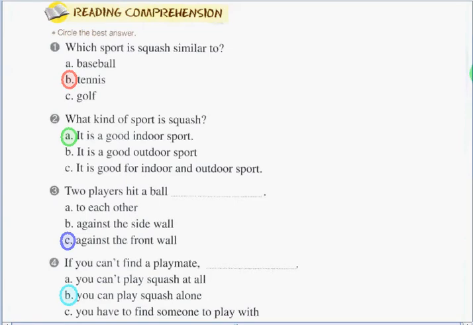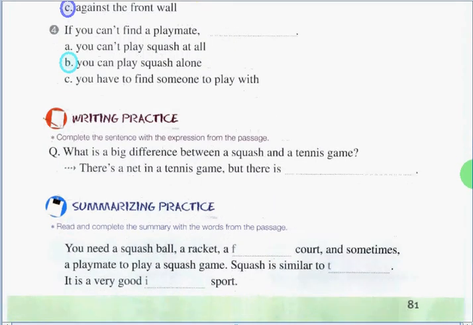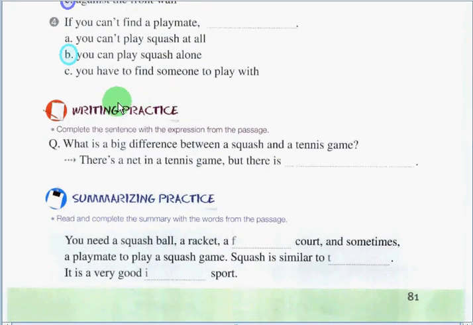So now, we finished the first part. Let's go to the second one, the writing practice. In this part, we will complete the sentence with the expression from the passage. Here is the question. What is a big difference between a squash and a tennis game?